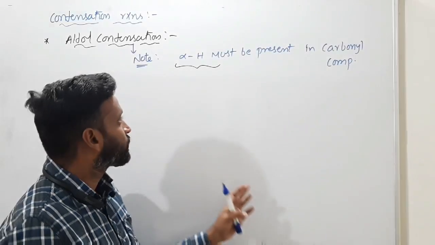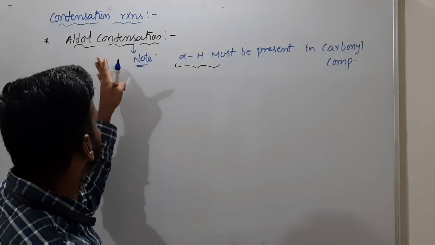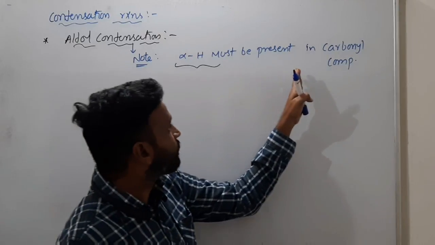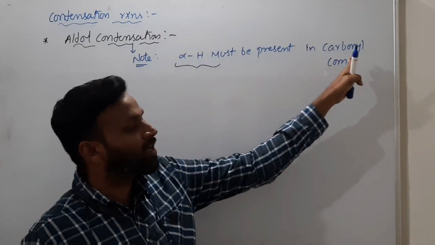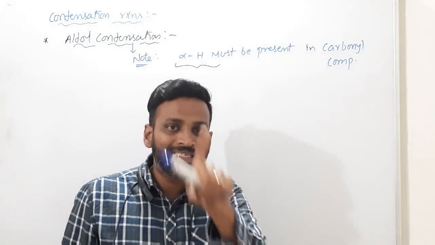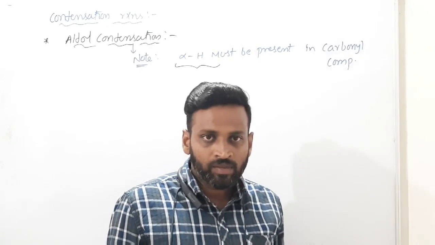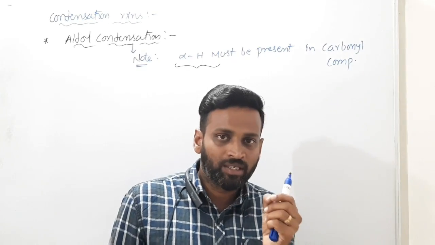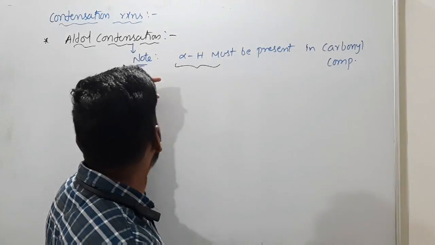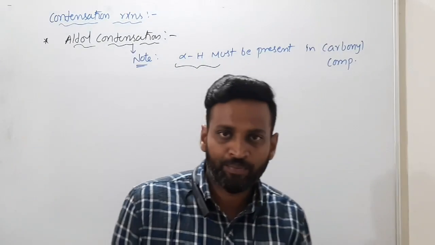Got it clearly? So what is the requirement to undergo aldol condensation? Alpha hydrogen must be present in the carbonyl compound, at least one is enough. If one alpha hydrogen is there, that will undergo aldol condensation.